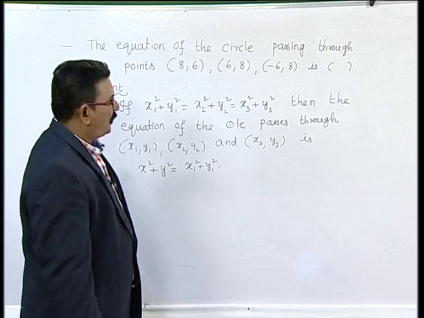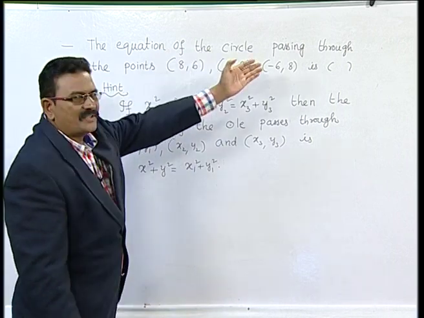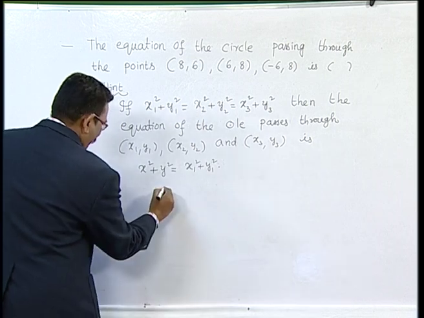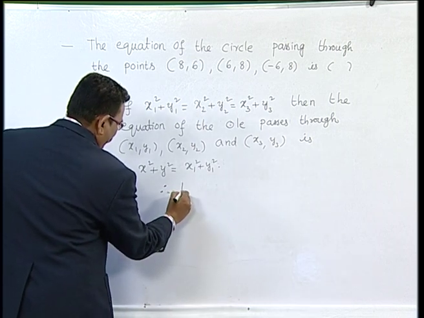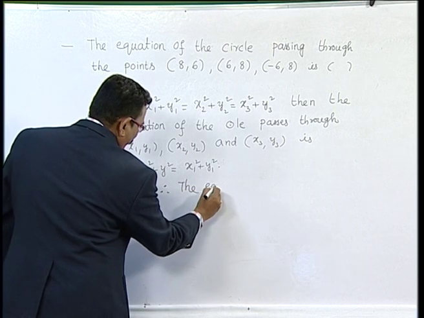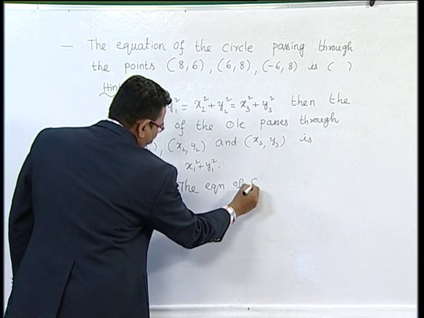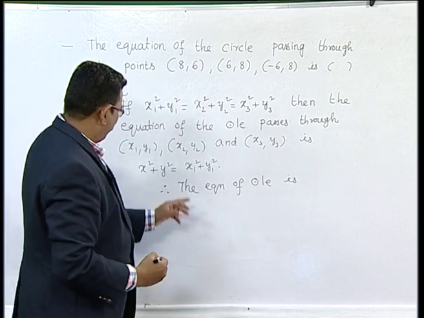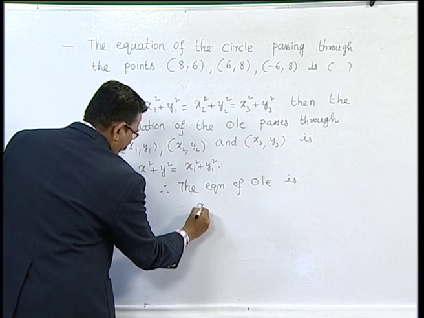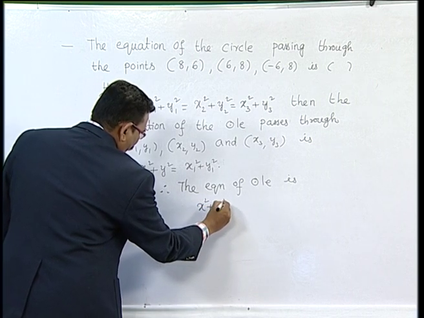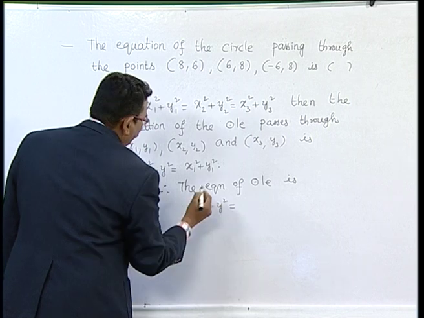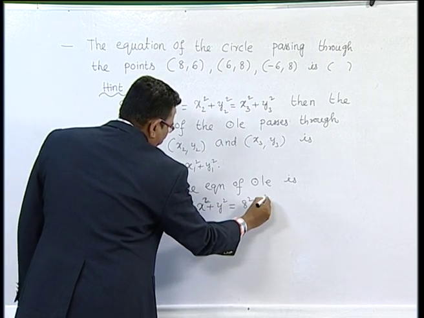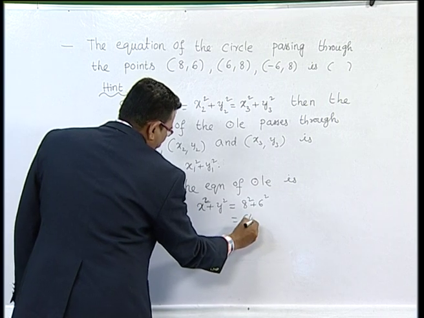So, therefore, now easily we can find out the equation of the circle passing through the given points. So, therefore, the equation of the circle is x square plus y square is equal to here 8 square plus 6 square, that is 64 plus 36.